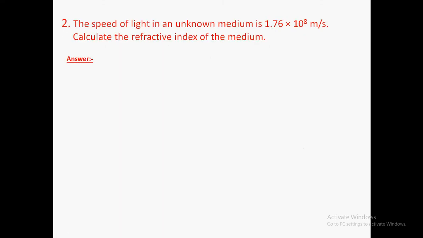Next, we have one more problem. The second problem: the speed of light in an unknown medium. We don't know the medium, that's why v is equal to 1.76 times 10 power 8 meters per second.